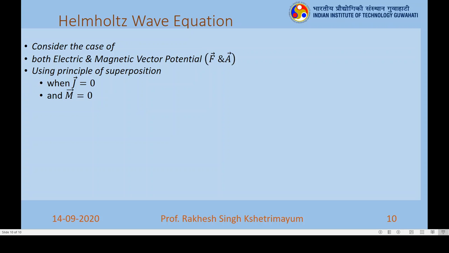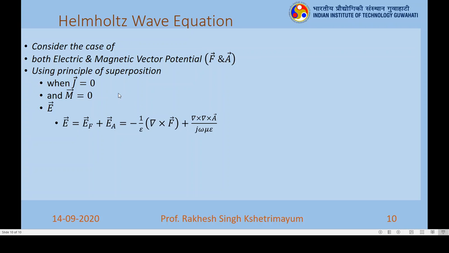In that case, when both F and A are there, we can solve the wave equation and find out the electric field and magnetic field, but we have already considered the case of what the electric field is when the F vector is existing. We have also considered the case of what the electric field is when the A vector is existing.